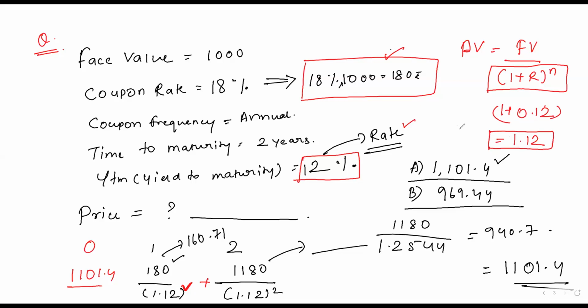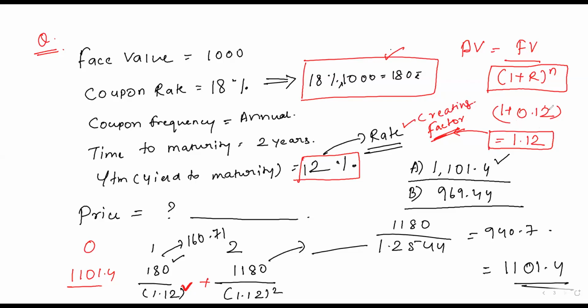This process is called creating factor. So 1.12 is nothing but the factor of 12%.